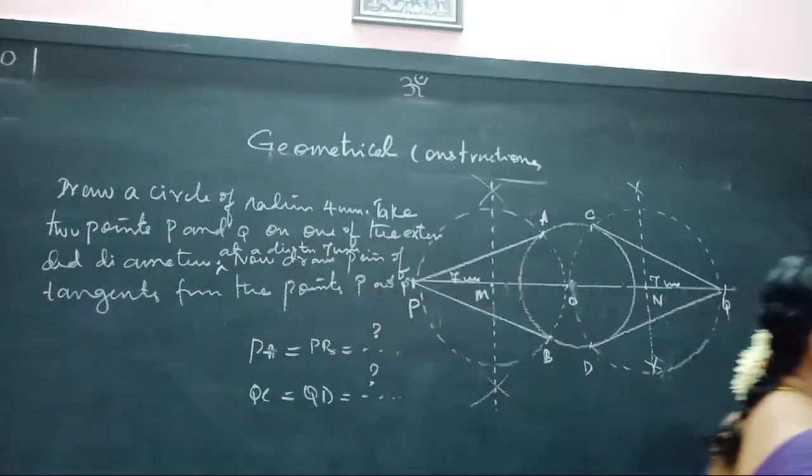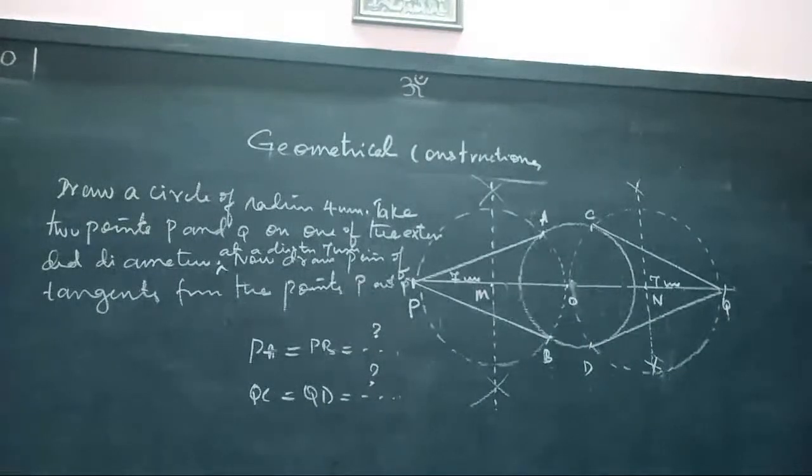What measurement? 49 minus 16 is 33. Root 33.